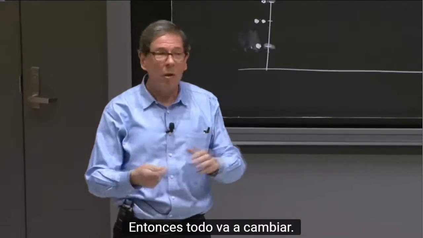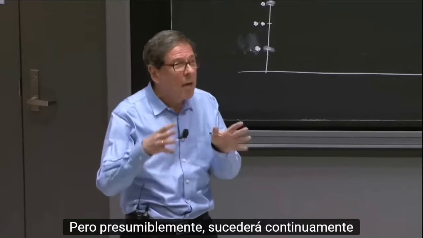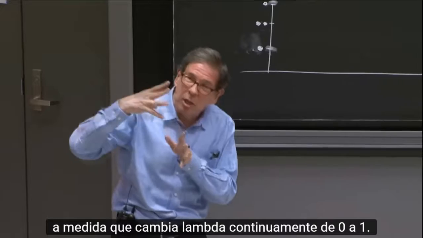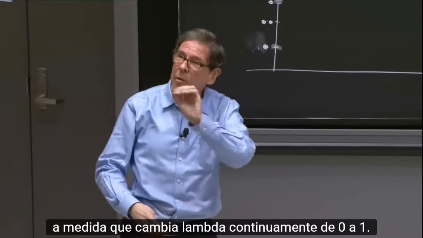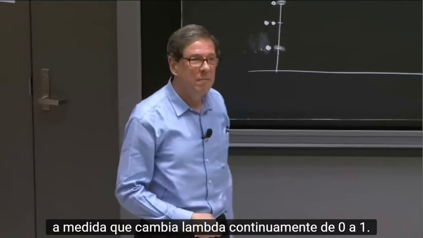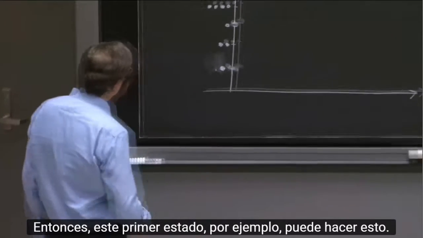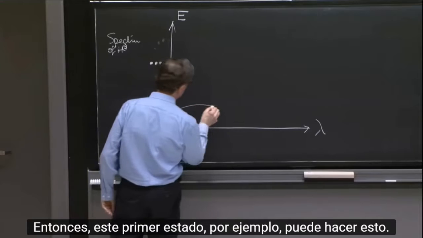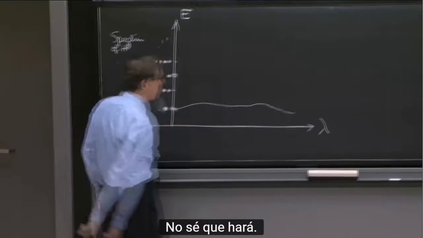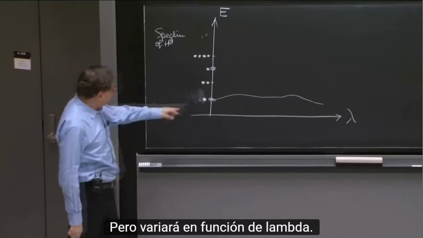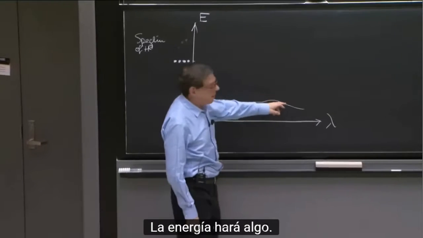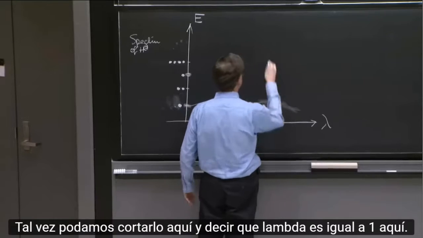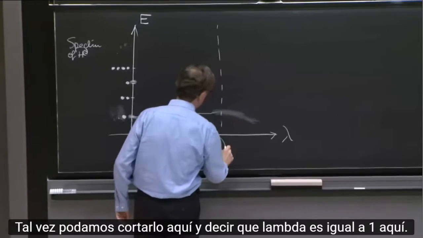So everything is going to change, but presumably it will happen continuously as you change lambda continuously from 0 to 1. So this first state, for example, may do this. I don't know what it will do, but the energy will vary as a function of lambda. Maybe we can cut it here and say that lambda is equal to 1 here.